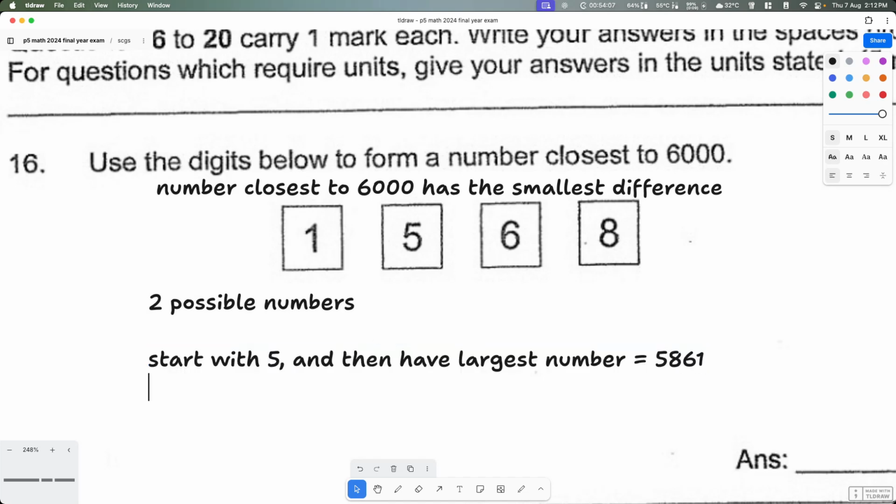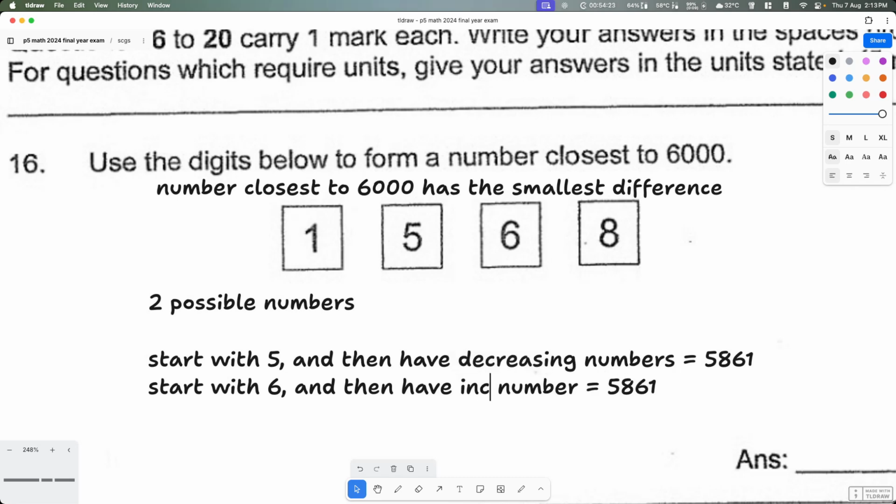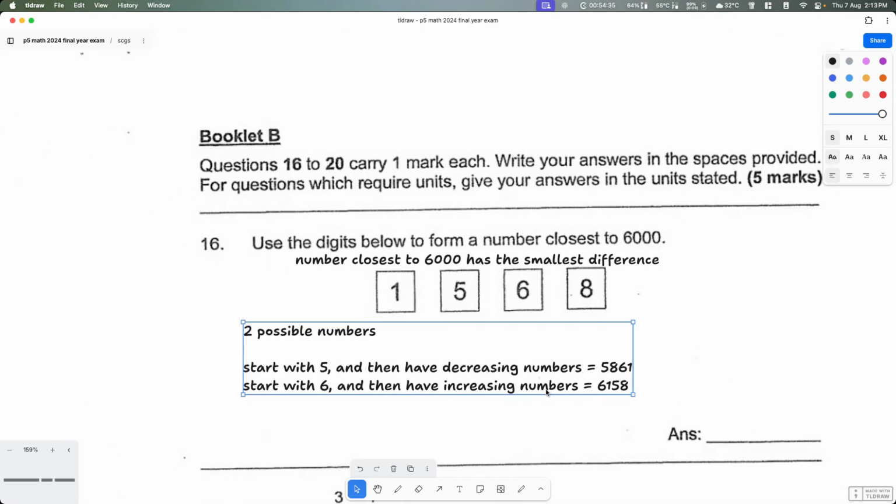The other starts with 6 and then has increasing numbers, so this will be 6158. Two possible numbers over here.